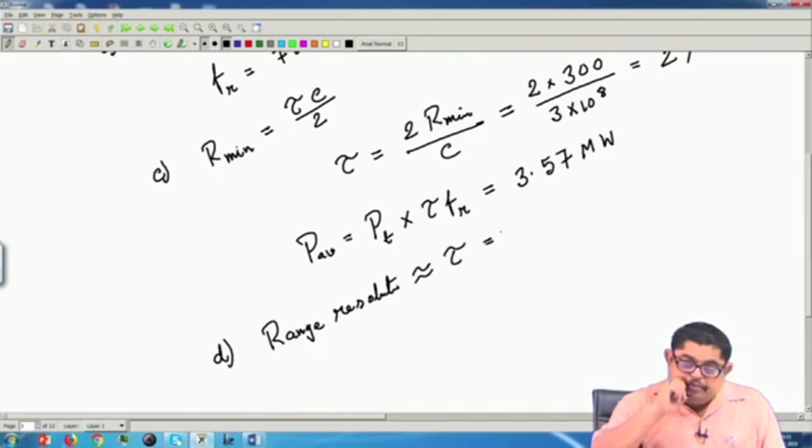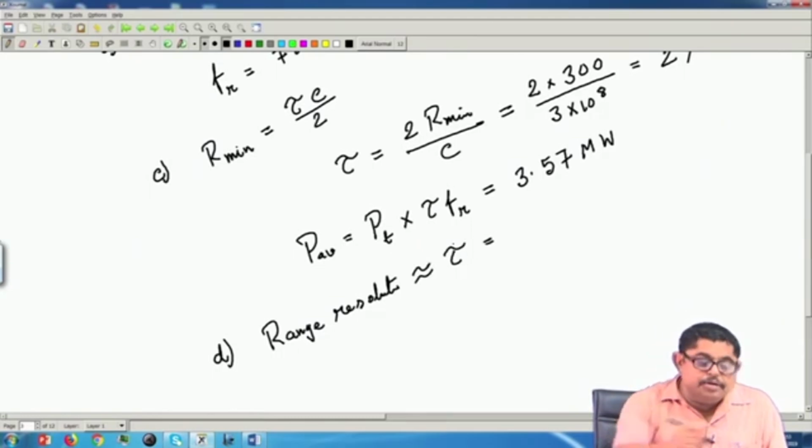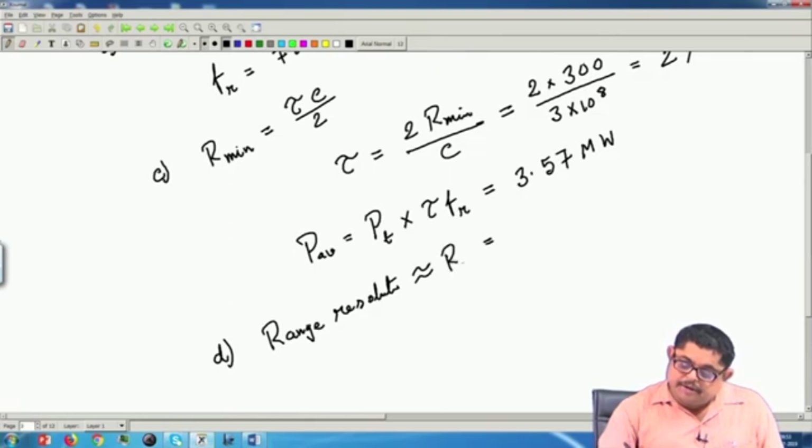So, range resolution is the range distance according to part A, the R min corresponding to tau.